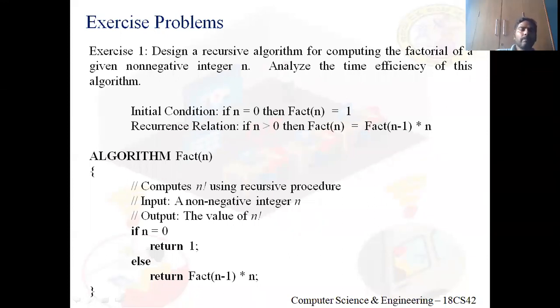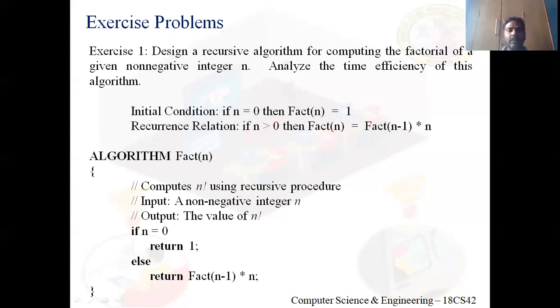What is the second step? I need to identify the basic operation. So what is the basic operation? Can anyone tell me in this case? Looking at the algorithm, I find multiplication is the basic operation. Clear?